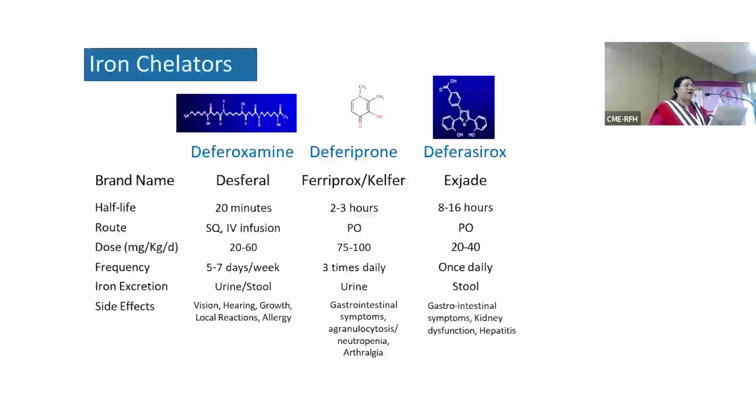Desferal can be given IV or subcutaneous, the rest are all oral. The doses differ: 20 to 40 milligrams for Desferal, 75 to 100 milligrams for Kelfer, and 20 to 40 milligrams maximum for Deferasirox or Exjade. As I said, the dose depends on the half-life.